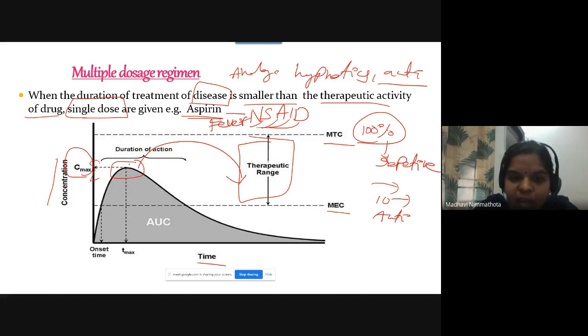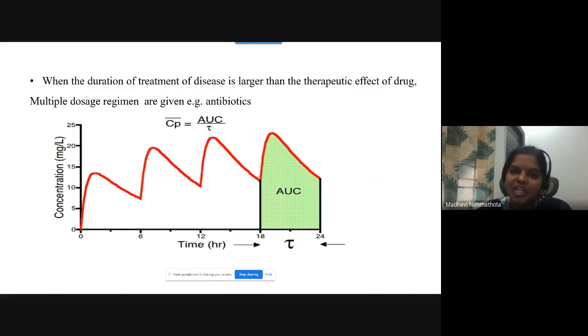It should not be more than this MTC, and not below this MEC. Below this MEC you have a sub-therapeutic level, and above this MTC you have a toxic level. Can you remember this? So this aspirin will produce its pharmacological action, and its maximum Cmax at the therapeutic range only after taking it in the form of multiple dosage regimen.